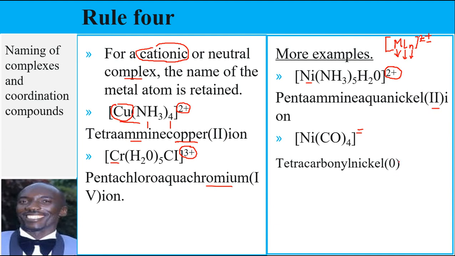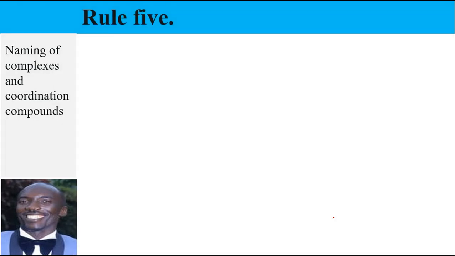We have to include the oxidation state of the central atom or the metal atom. If it is 0, write it as 0. Don't just leave it without writing it. If it is 1, write 1. If it is 2, write 2. Now we go on.